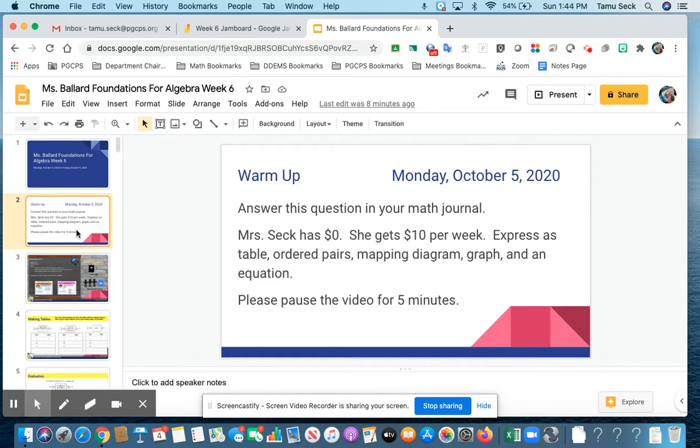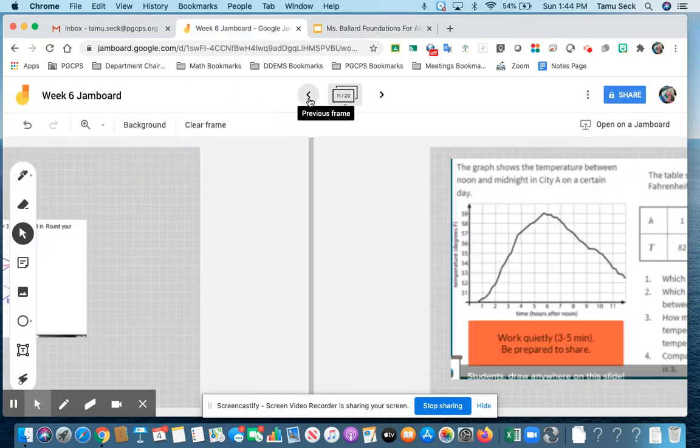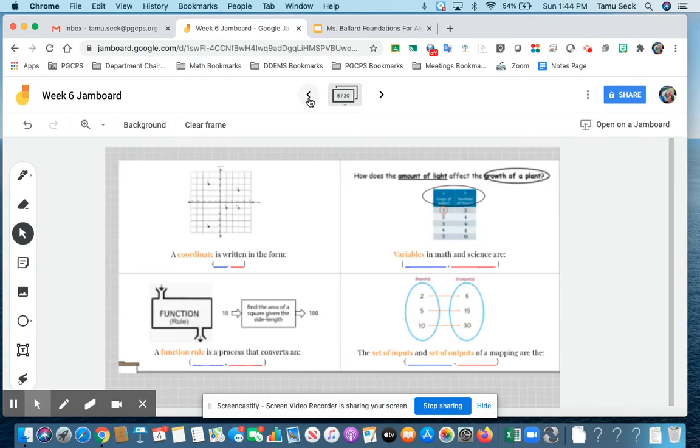Miss Sec has $0. She gets $10 per week. So let's start this as a table. We're comparing weeks and how much money Miss Sec has. 0 weeks, she has $0. I'm doing it on the Jamboard, but I'm not showing it to you.